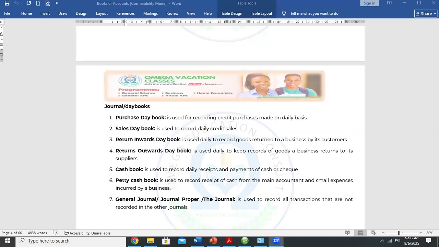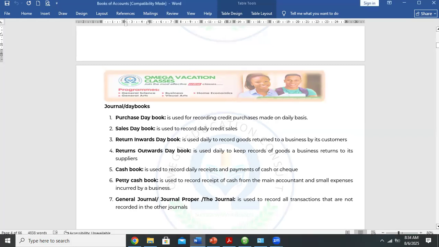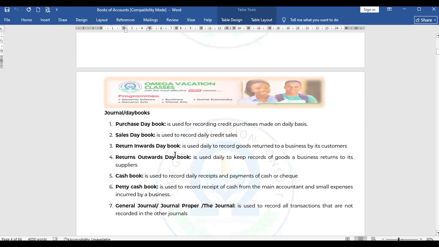Okay, so as we have indicated, the day books are 7, right? Which are the sales day book, purchase day book, return inwards, return outwards, the petty cash book, the cash book, and the general journal, right? And as you all indicated, what each of them is used for.